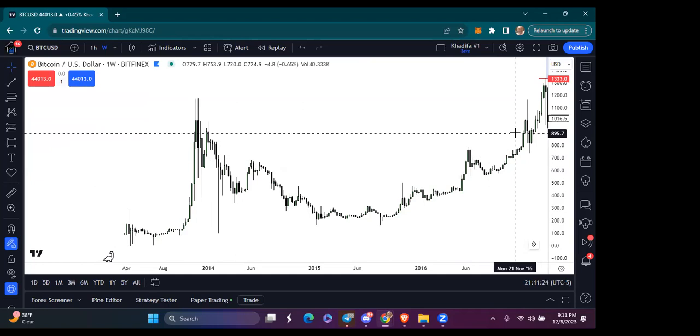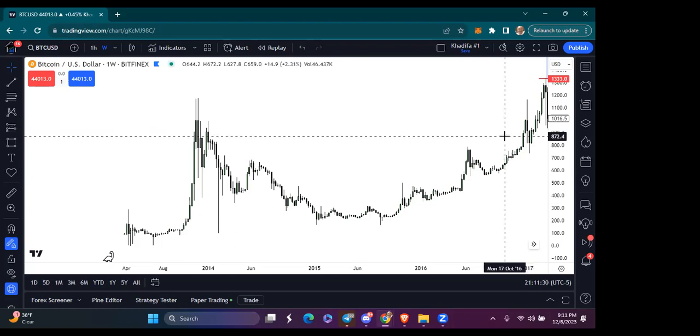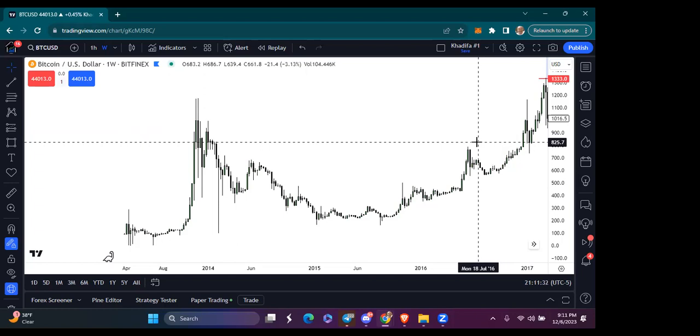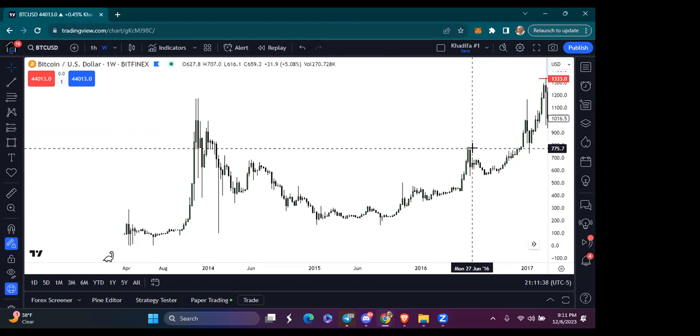The price of Bitcoin at the second halving, July the 9th, 2016, was, let me go back and find it. This week right here, this was the second halving. The price of Bitcoin at the second halving was $680, guys.